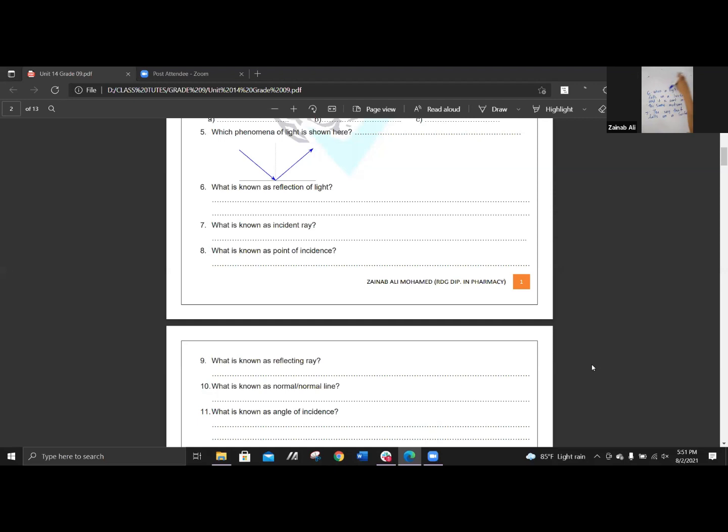That was correct, but it is not contains, it is contacts. The point where the incident ray contacts with the mirror or the surface. Don't write mirror. The point where the incident ray contacts with the surface, you call it the point of incidence.